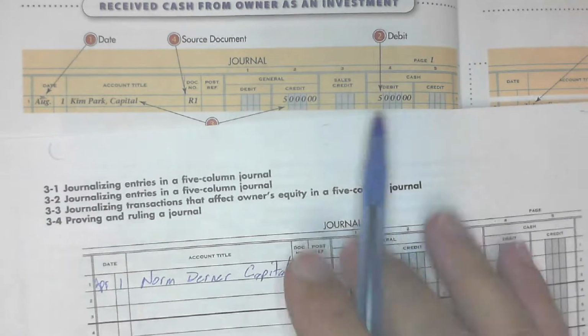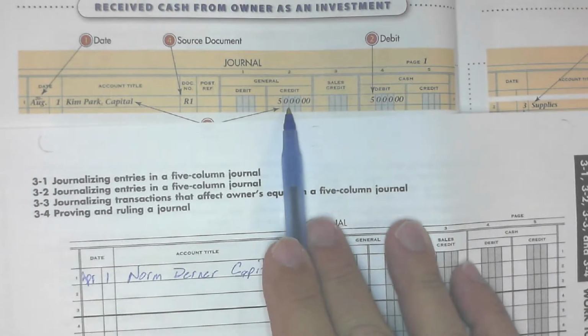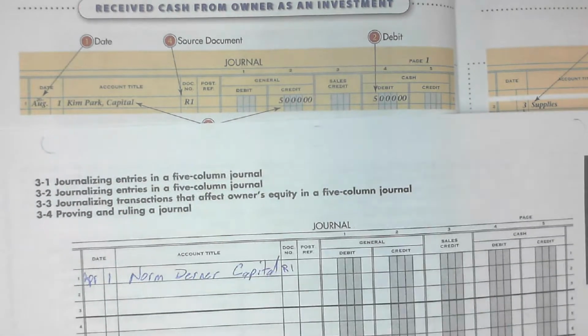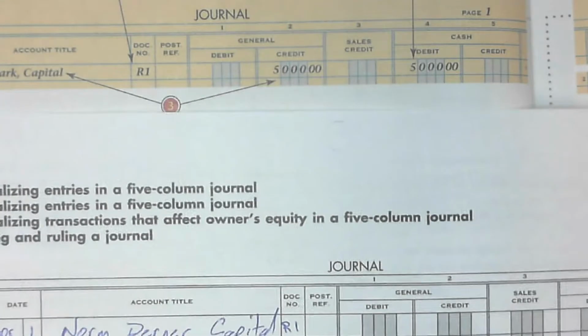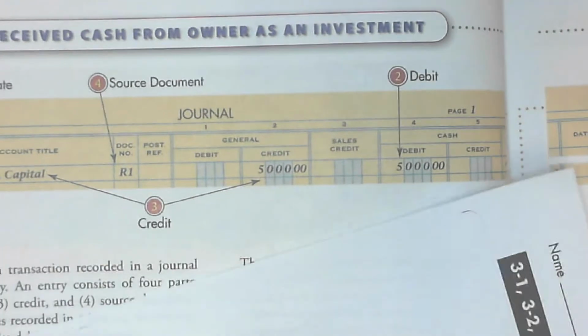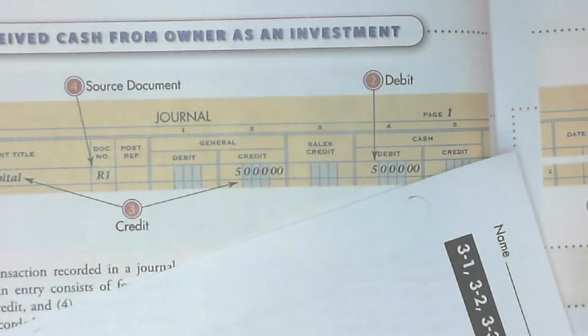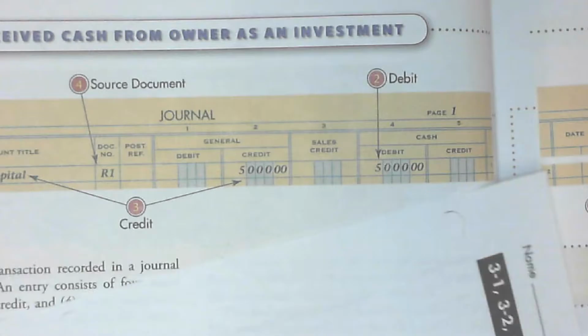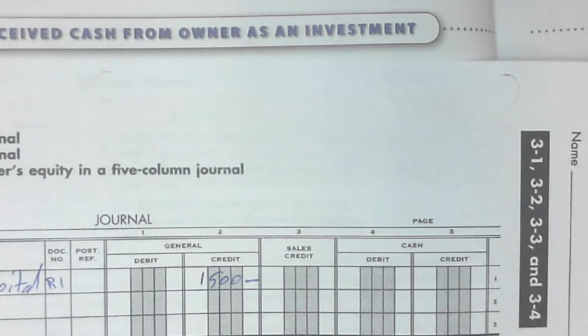So looking at the example, we're going to put $1,500 in general credit. Like that.